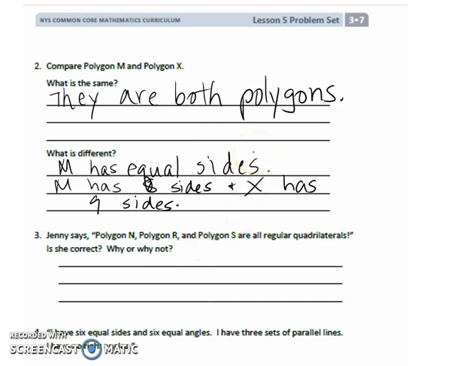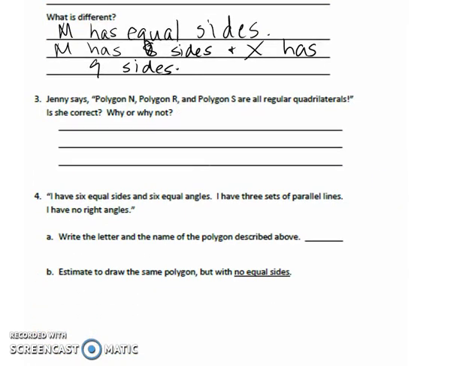Okay? All right, so for number 3, it says, Jenny says polygon N, polygon R, and polygon S are all regular quadrilaterals. Is she correct? Why or why not? Well, we talked about regular polygons. Regular quadrilaterals are just those shapes that have 4 sides that are all the same. So if you look at those 3 shapes, the answer should be no. Okay?